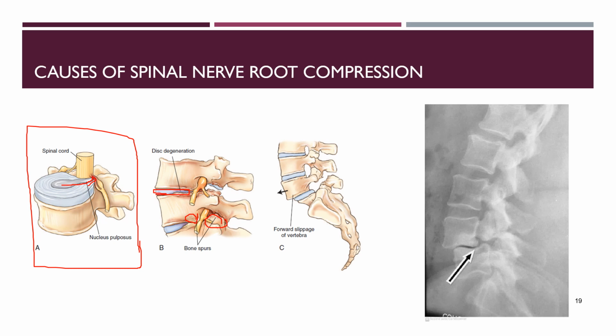And then the other one that we're going to discuss here is spondylolisthesis. This is where we have one vertebra, this L5, that is sliding forward. It's slipping on the vertebra that's below it, and you can see it in this X-ray image over here.